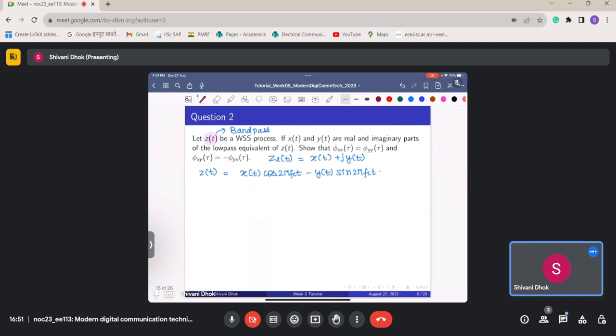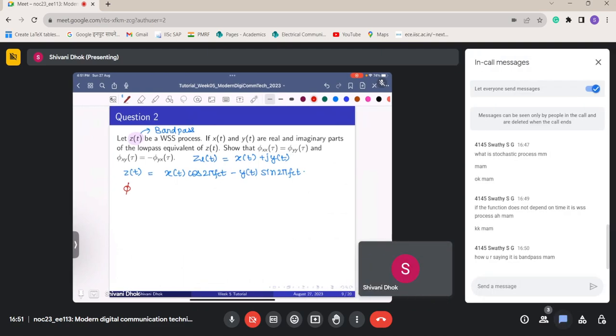Now it is said that this z(t) is a WSS process. I am assuming that it is band pass. I am mentioning here that these are the real and imaginary parts of the low pass equivalent of z(t), so I am considering it to be a band pass assumption.